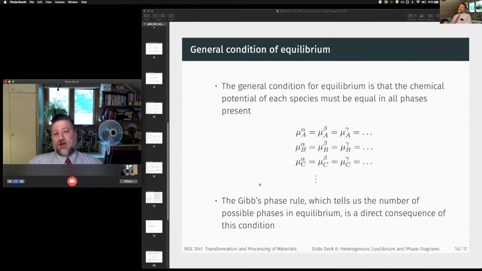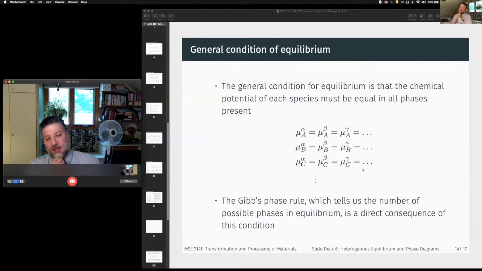But let's start out with what is the genius of Gibbs, right? So in the 1870s, Gibbs did something pretty remarkable. He took something that is kind of painfully obvious to us now, but was completely sort of opaque to people before he put such a simple little rule together.